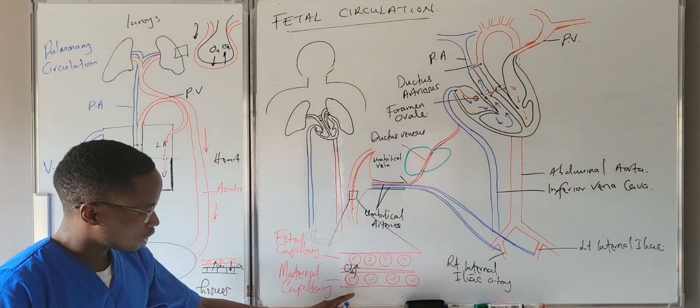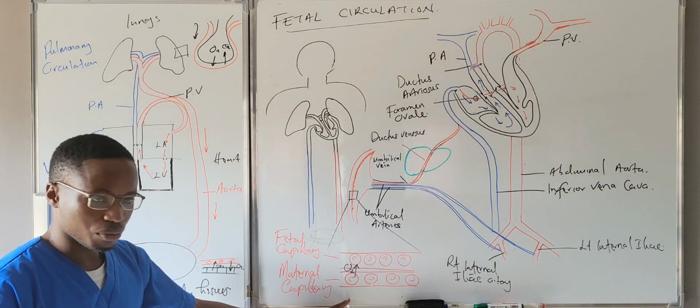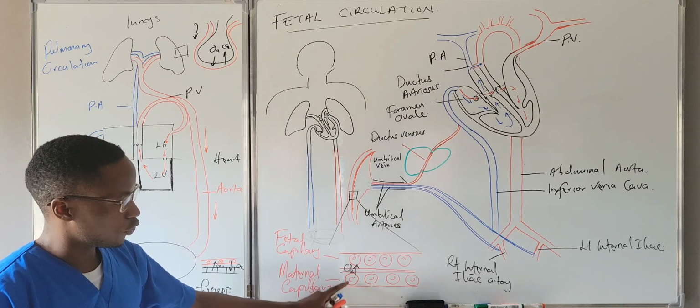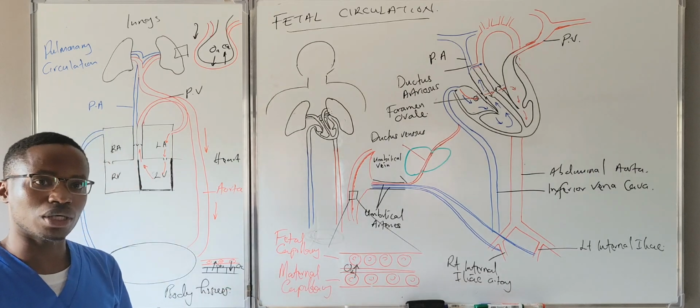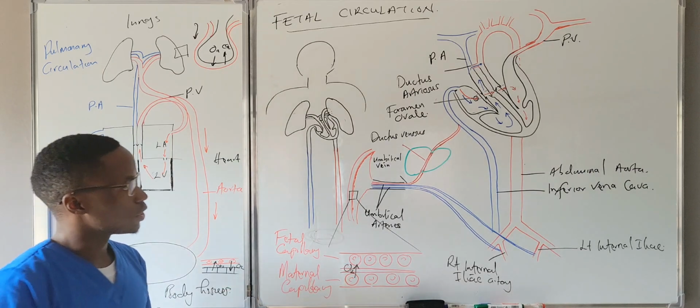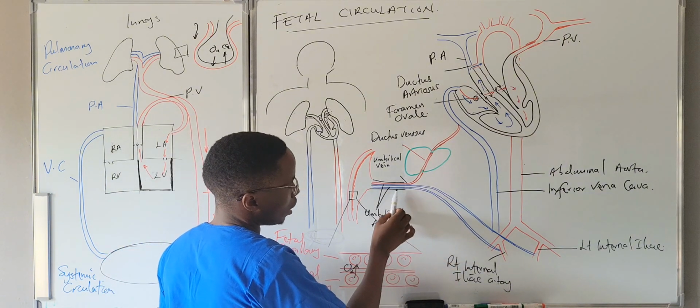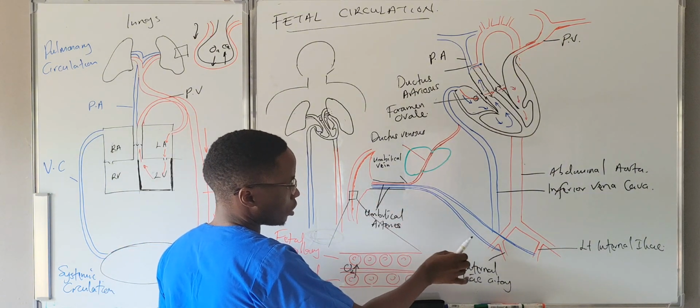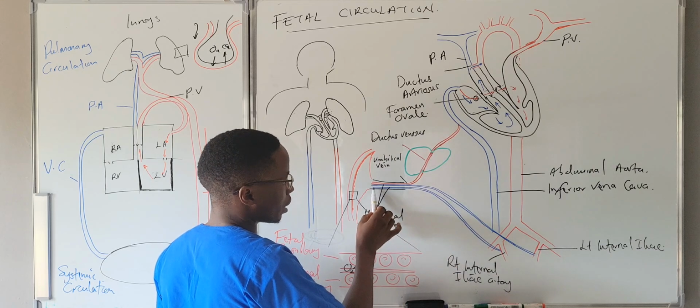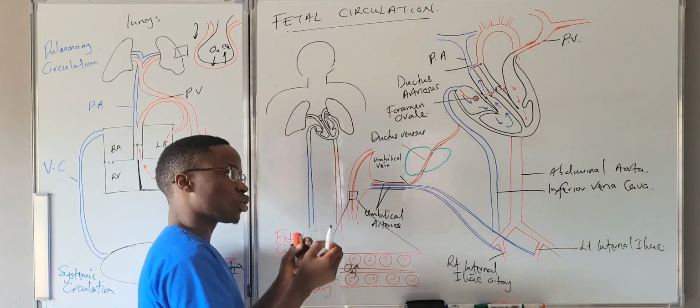So oxygen from the maternal capillary bed is going to diffuse into the fetal capillary bed. Okay, so that's why you see here the umbilical arteries. They are bringing the oxygenated blood.